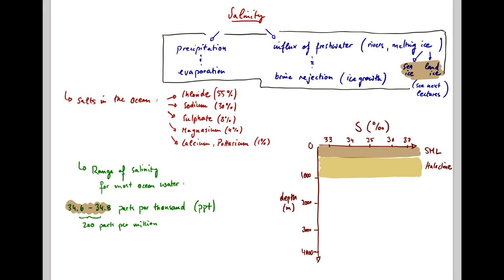The halocline derives its name from halo, Greek for salts, and the cline means a layer of rapid change.